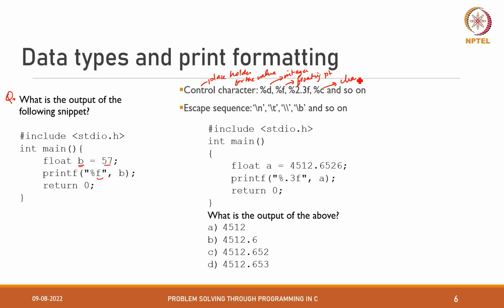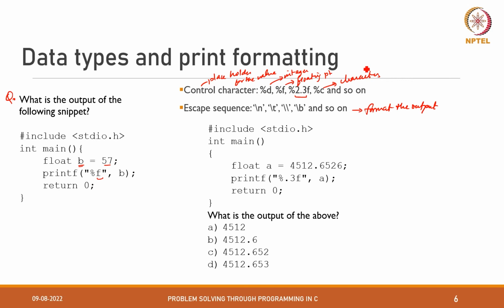I'll tell you more about this percentage 2.3f later on. And then we have the escape sequences, which are basically to format the output, to make it neater, to have a better representation, to beautify it.